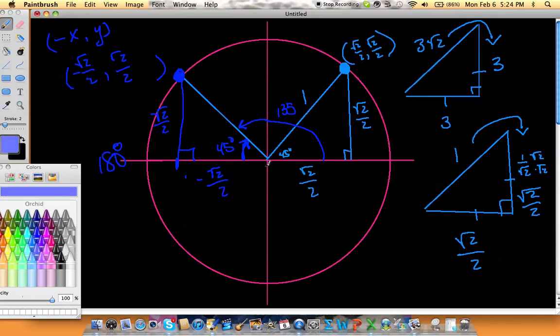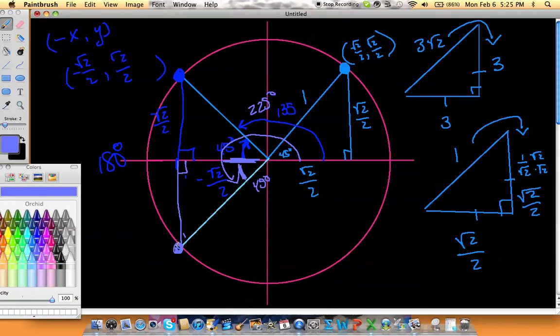If I come down here and draw this angle, and I'll call this one 225, so I'm coming all the way around here. It's 225 degrees. Again, if I drop this down to the x-axis, if this is 180 to get to here, then this little bit extra here is 45 degrees.